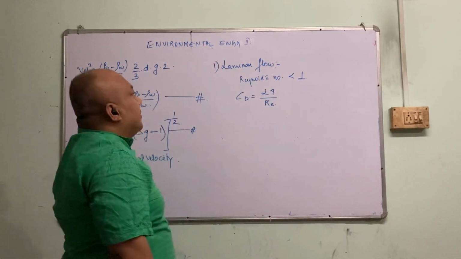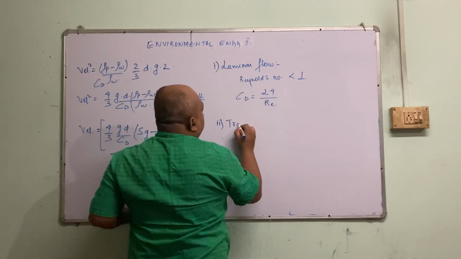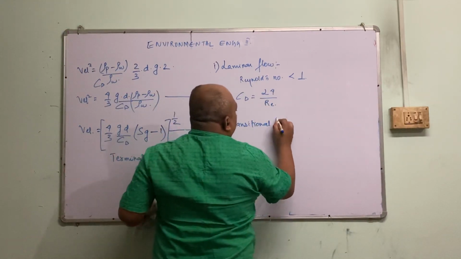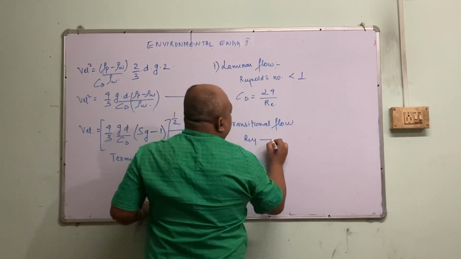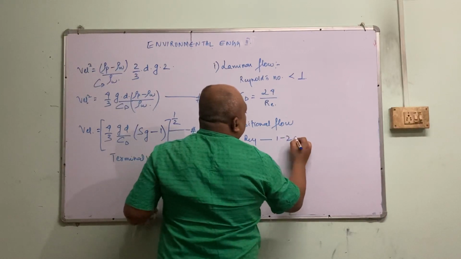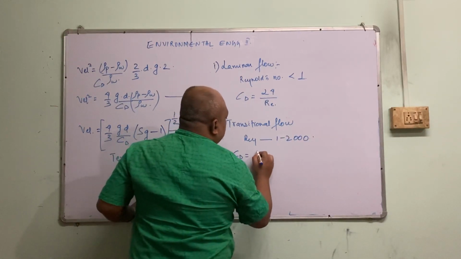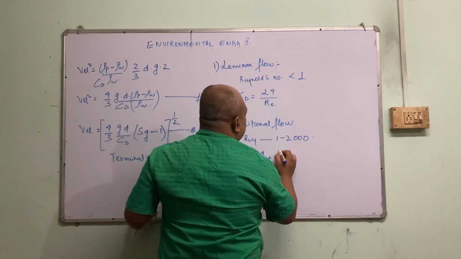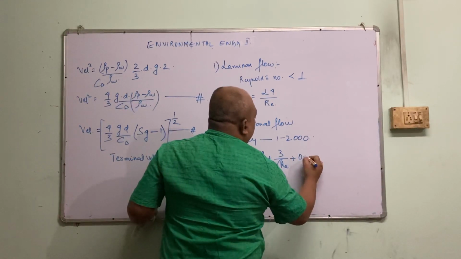Number 2, if it is a transitional flow, the Reynolds number is in the range of 1 to 2000, and CD is equal to 24 by RE plus 3 by root over RE plus 0.34.